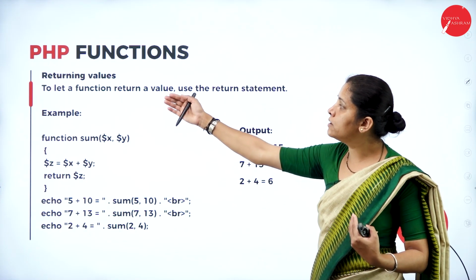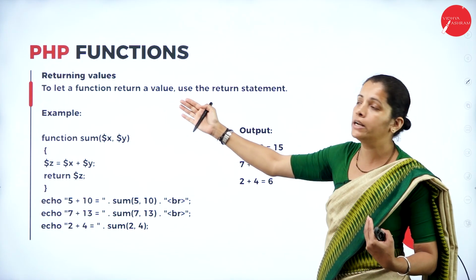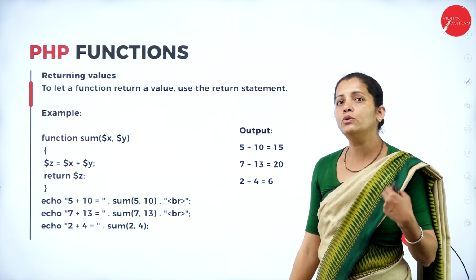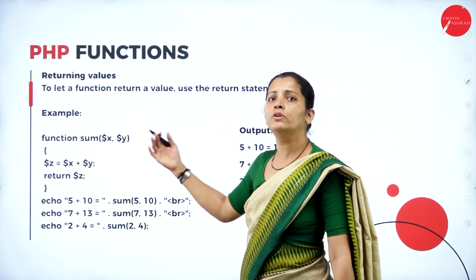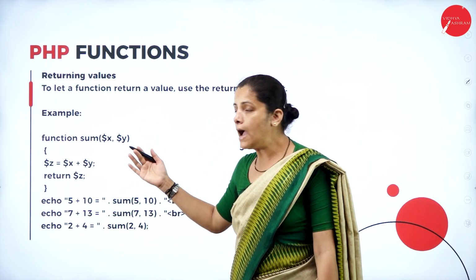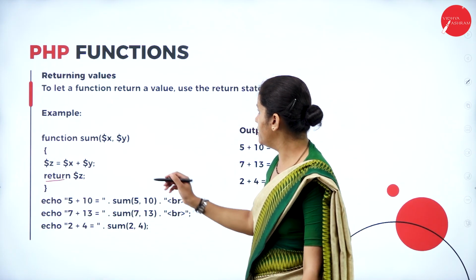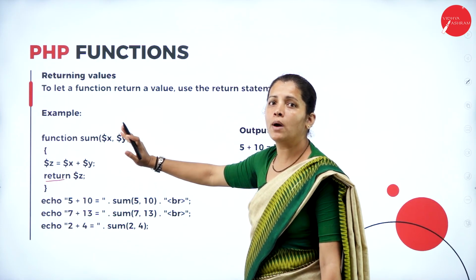Along with that, now I'm going to discuss how I can return a value. A function is capable of returning a value. See here, how am I going to return a value? For that, I'm going to use return. Return is a keyword used to return a function value.